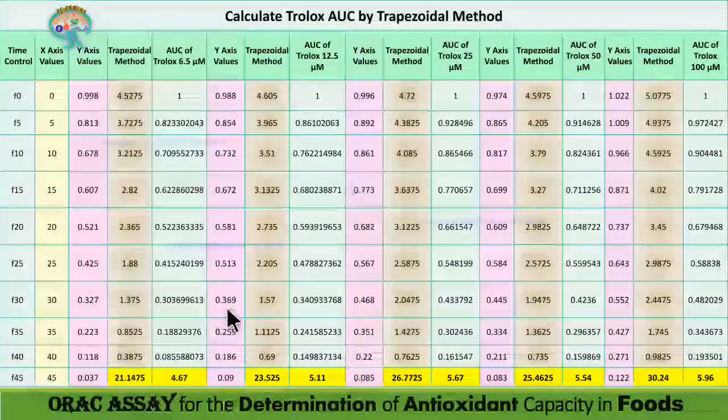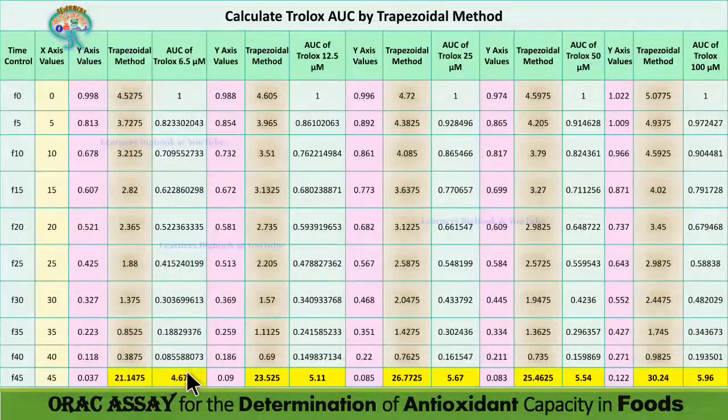Now the AUC we have got for 6.5 micromolar is 4.67, here for 12.5 it is 5.67, here it is 5.54, here it is 5.56.